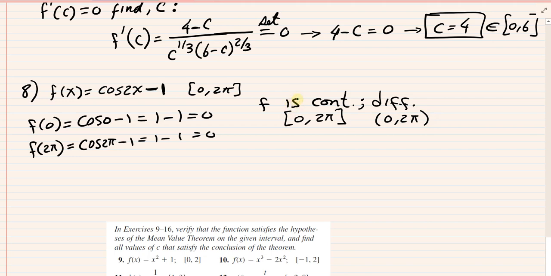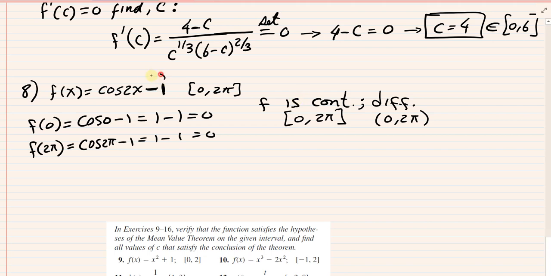I know there are discontinuities with tangent, cotangent, cosecant, secant, but for sine and cosine, we're talking about cosine here. It is continuous from 0 to 2 pi and differentiable on the open interval.